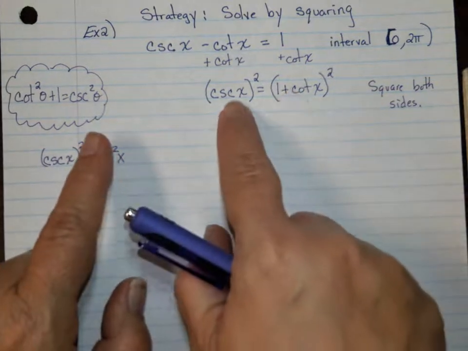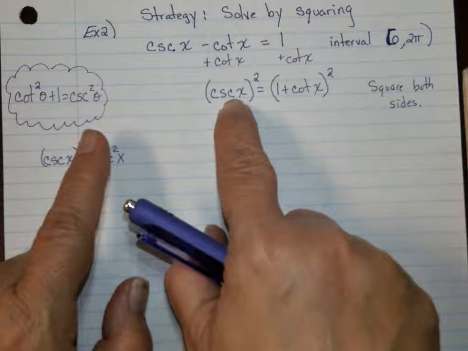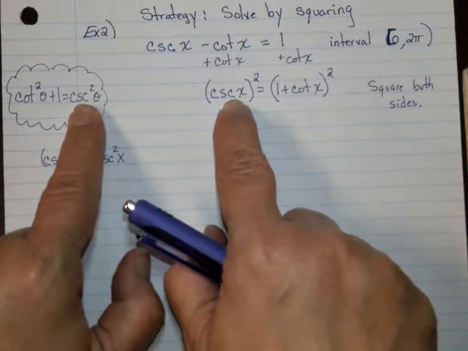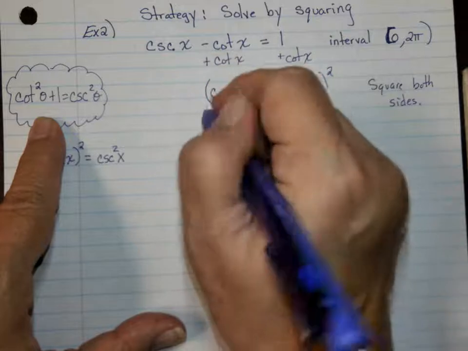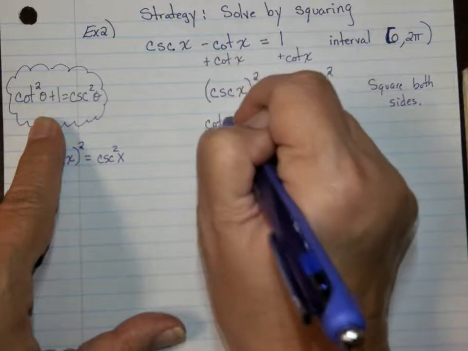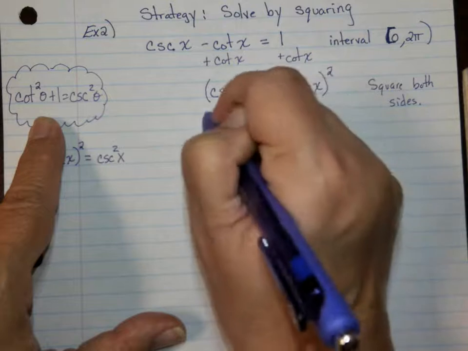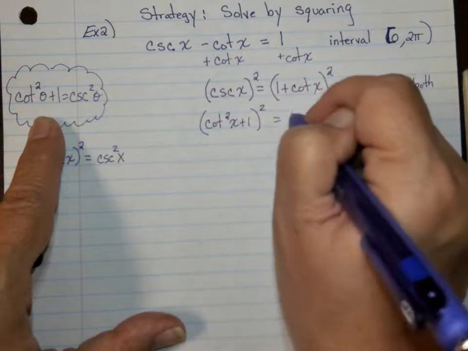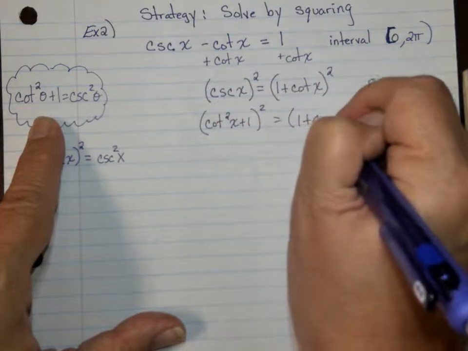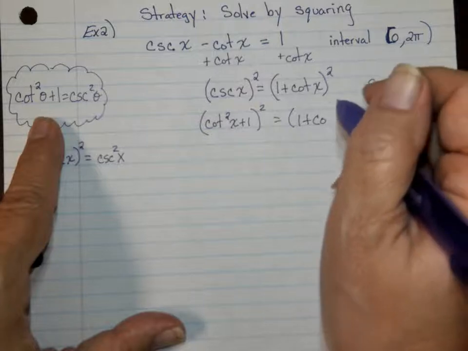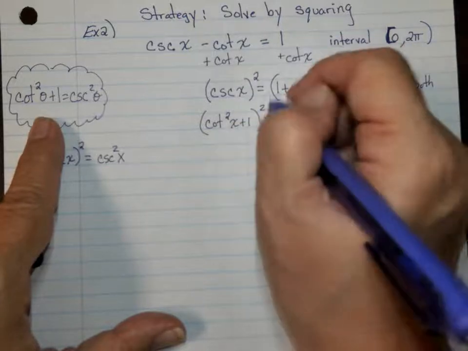So I can now take this expression, which is the same as this, and I'll replace this side with cotangent squared x plus 1. And I'm just going to bring this guy down for a moment. Oh, this is not squared.